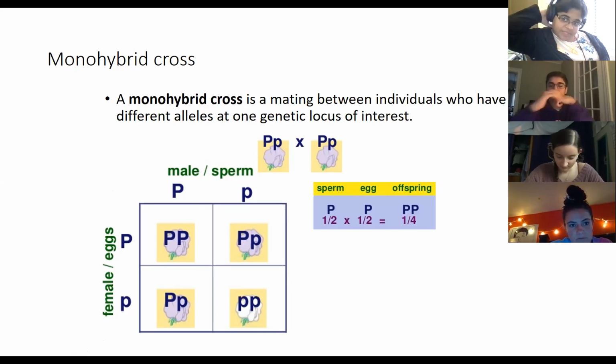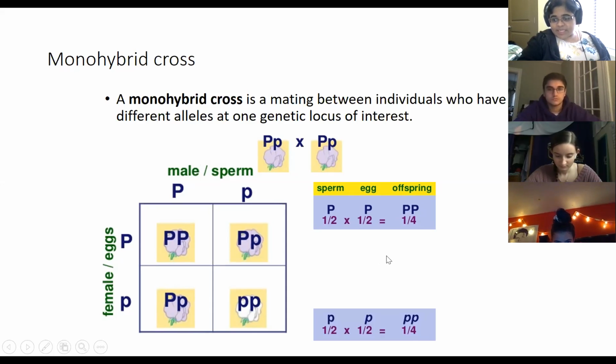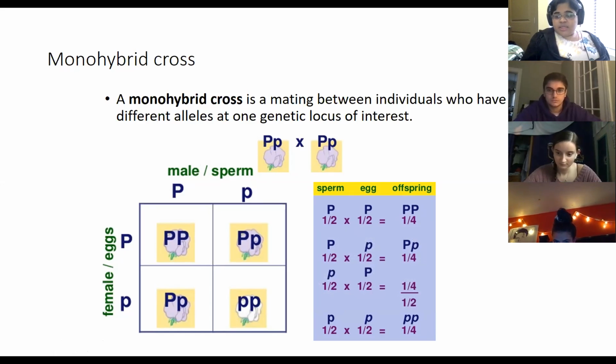So in this case, the probability of the progeny being homozygous dominant is 1/4, because you have half a chance to get a big P from each parent, right? That's the same thing with the homozygous recessive, because you get half a chance, right? So that gives you another 1/4. And then a similar thing with the heterozygous.